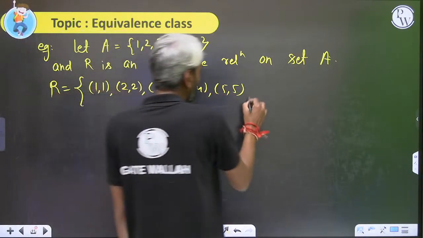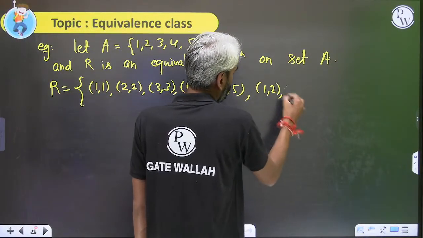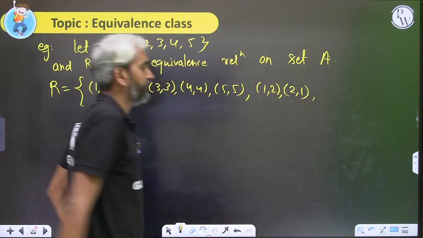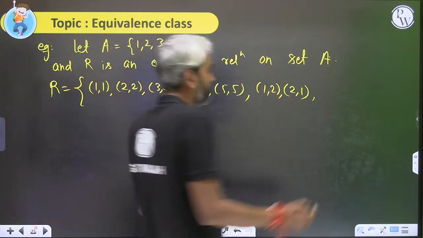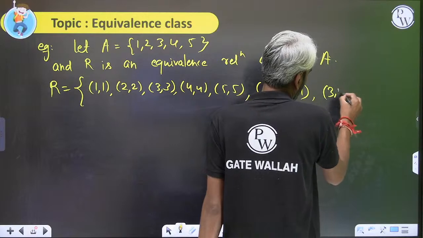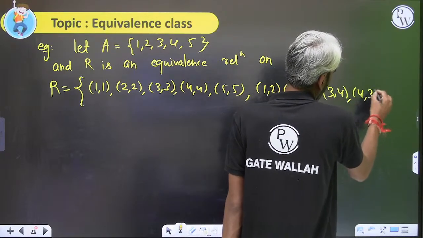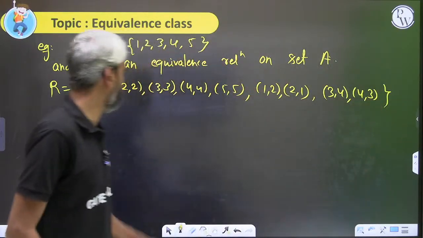The next thing is it should be symmetric. So if you have taken (1,2), then you must take (2,1). Then take (3,4) and (4,3). That's it. Let's assume this is your equivalence relation.